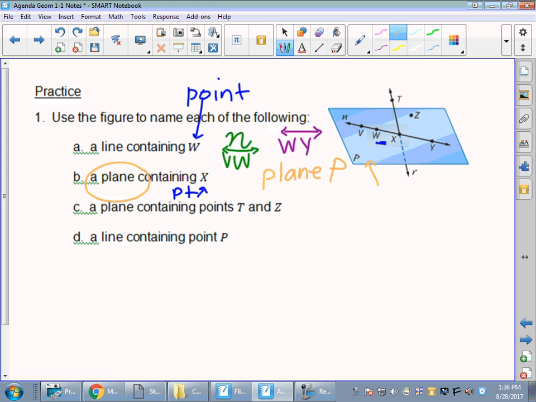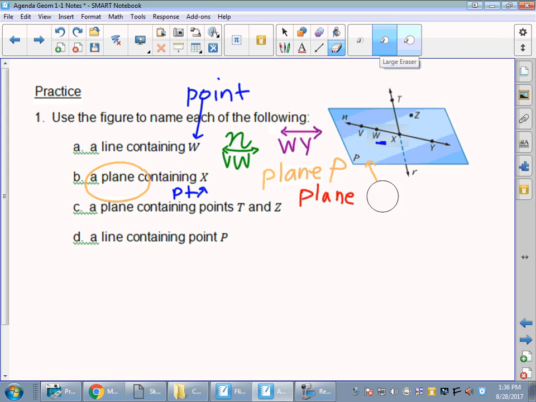And another way to name that, 3 points that are non-collinear. So I could not name this plane VWX because what's wrong with points V, W, and X? They're all on that same line. They have to be non-collinear.